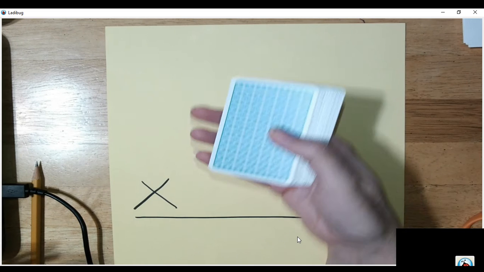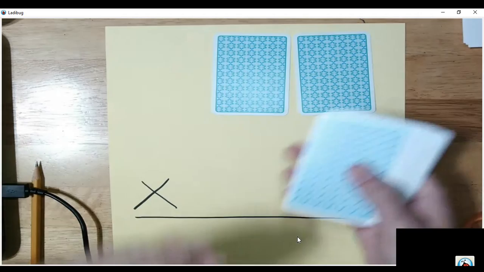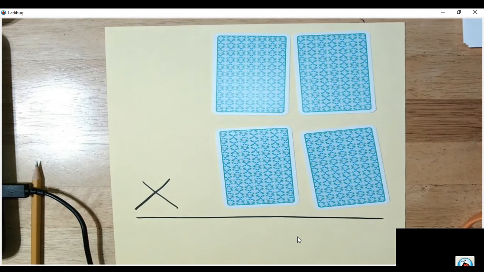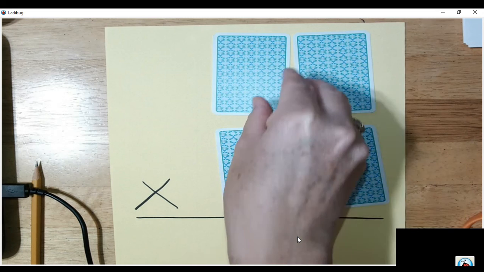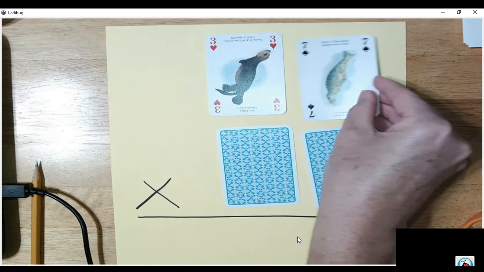Okay, so I'm going to take one card or two cards and lay them on top and two cards on the bottom. Okay, I'm not looking at those cards. I'm not going to pick which digits end up where. It's going to be a surprise. So then I turn them over.